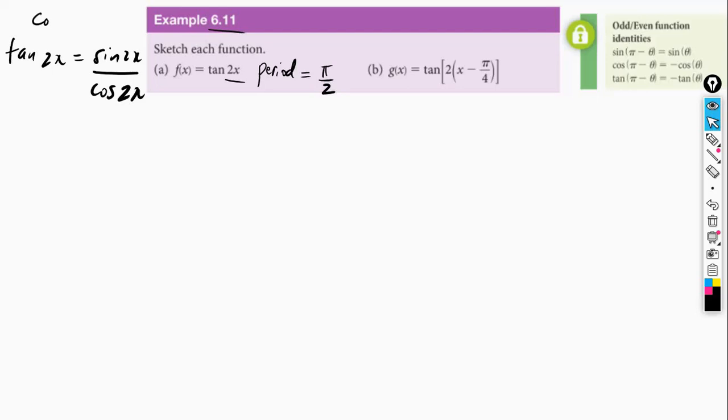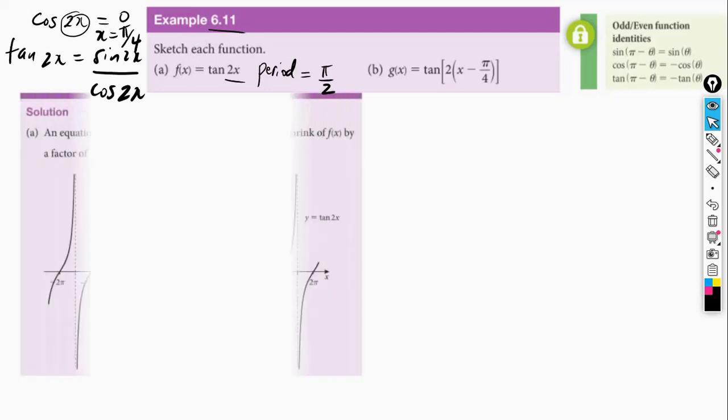So cosine of 2x is equal to 0. This occurs where this is equal to pi halves. So that means that it's going to be undefined for x equals pi fourths and every pi halves period after that. So let's take a look at the graph.